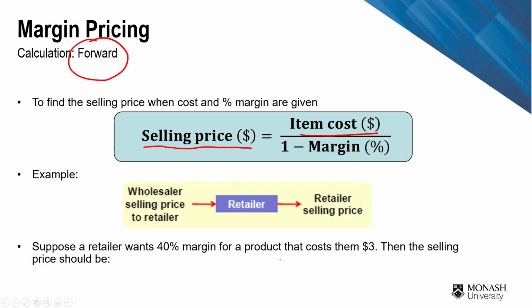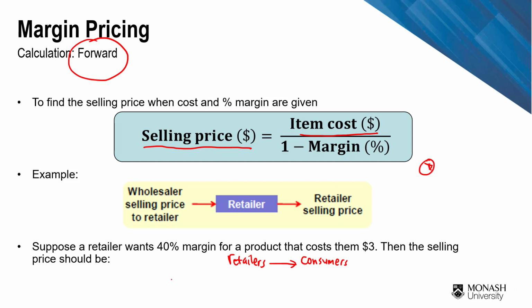Let me give you an example. A retailer wants a 40% margin for a product that costs them $3. What is the selling price? Here it is a forward calculation, because retailers are going to sell it to consumers like you and me. So we can use the formula.